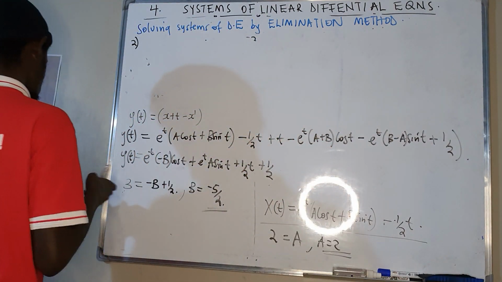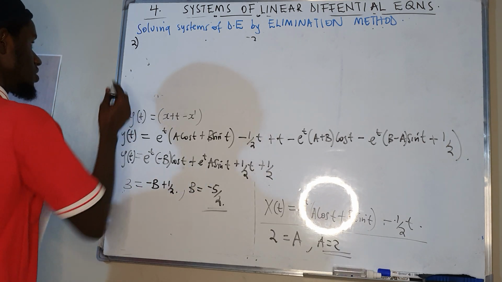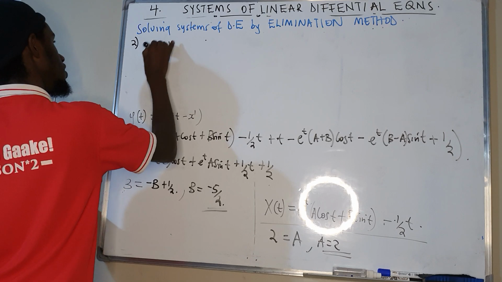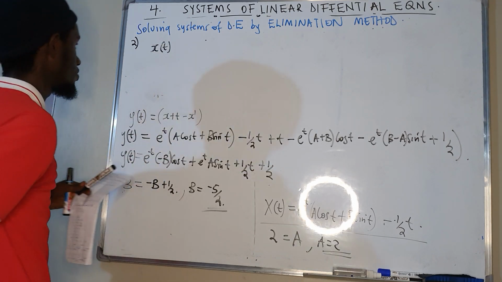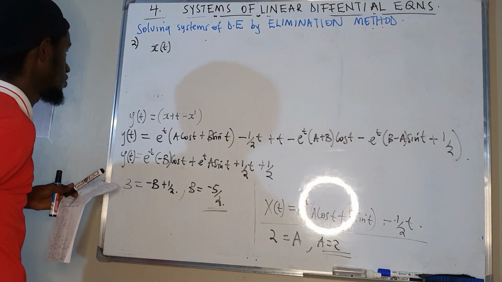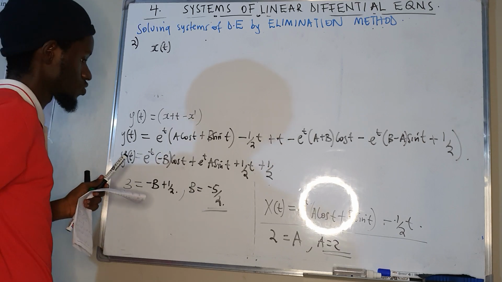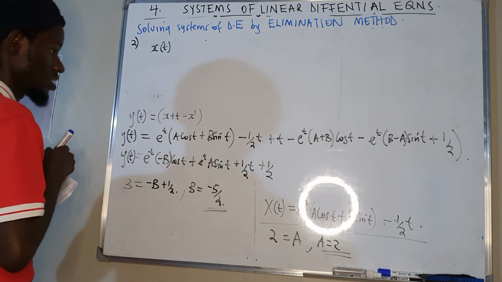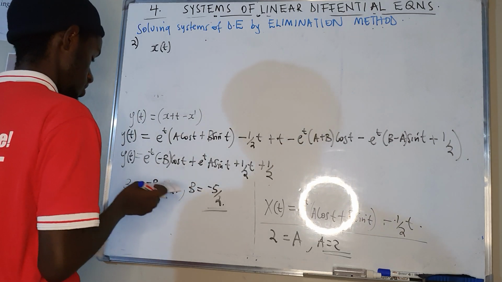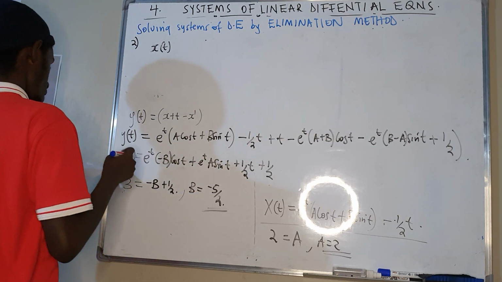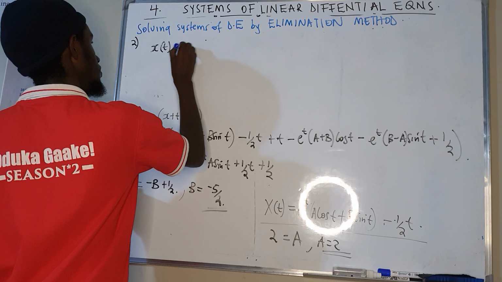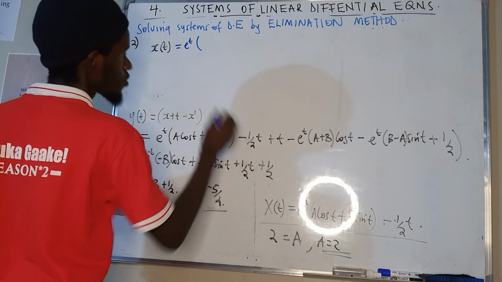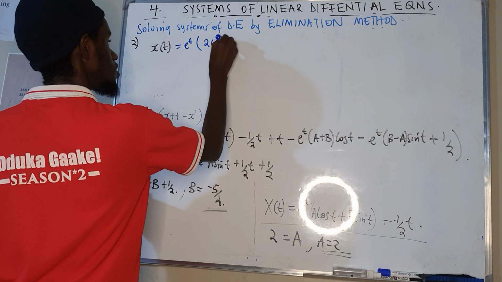My final solution is going to be x at t equals to e power t into, now instead of me writing a, I'm going to put there 2 cos t.